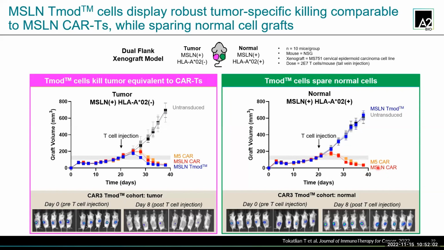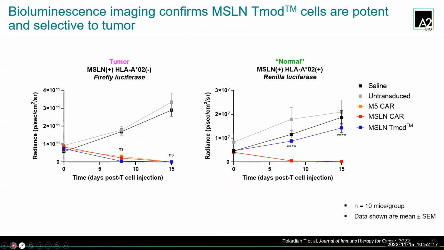And you could see this very clearly by caliper measurement. And this was also confirmed using BLI, where you see that tumors are cleared efficiently by mesothelin TMOD, and the normal grafts are spared similarly to those treated with untransduced or saline. And this was true in 10 out of 10 mice in the mesothelin TMOD group.